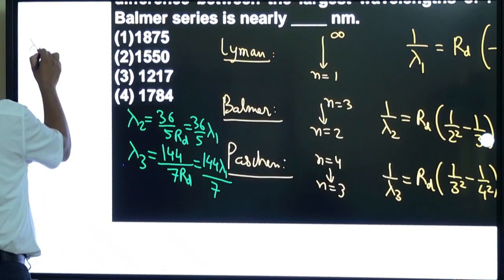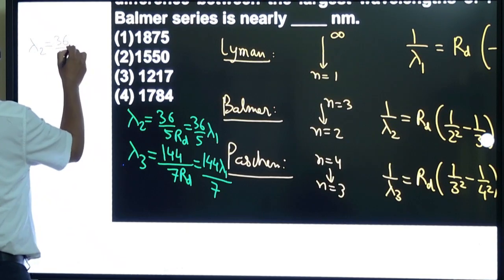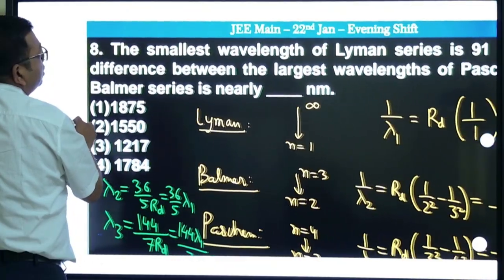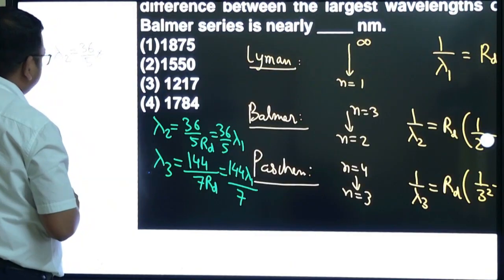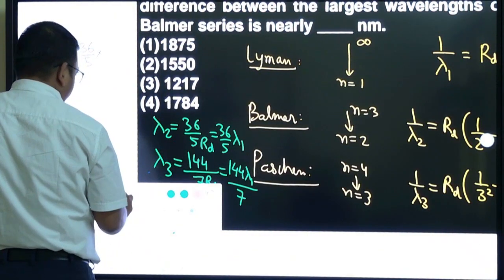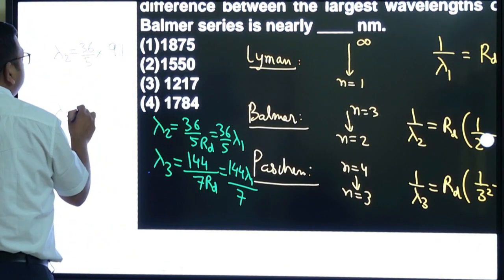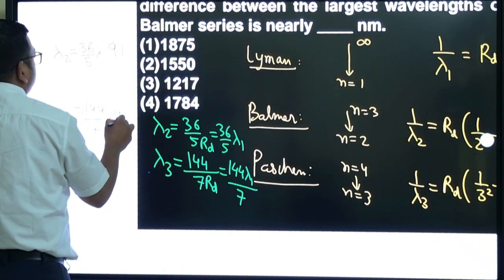It is 36 by 5 into lambda 1. Lambda 1 was given as 91. So this is 91, and lambda 3 is 144 by 7 into 91.